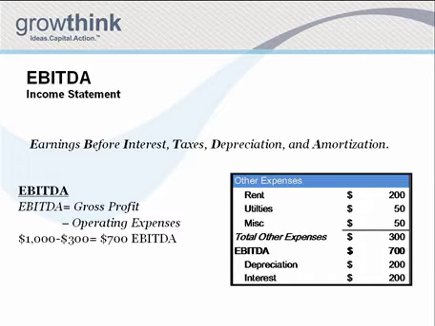And EBITDA in this case is $700. We took our $1,000 gross profit. You may recall that we had $1,500 in revenue minus $500 in direct costs, which gave us $1,000 gross profit. We take away our $300 in fixed costs or other expenses, and it gives us $700 in EBITDA.